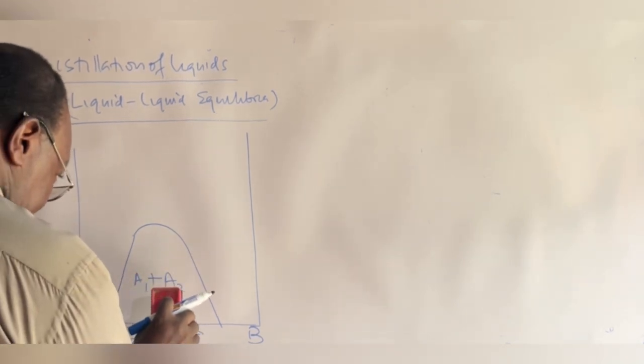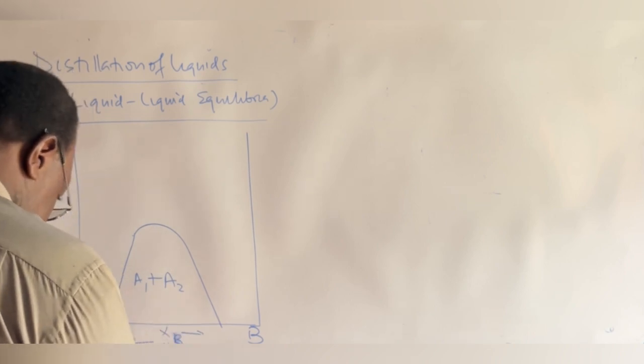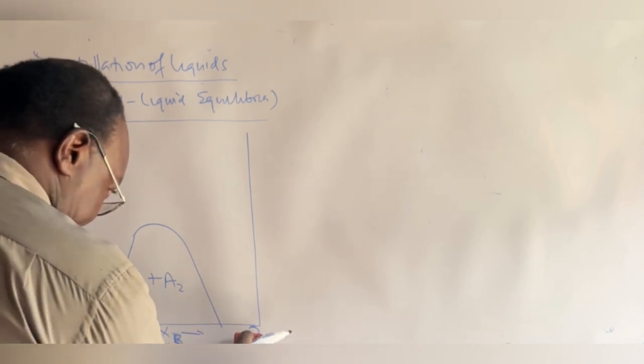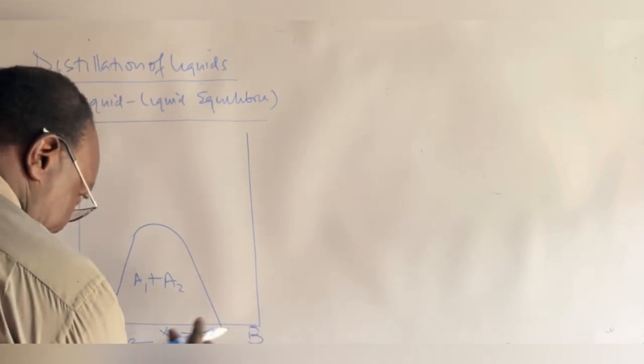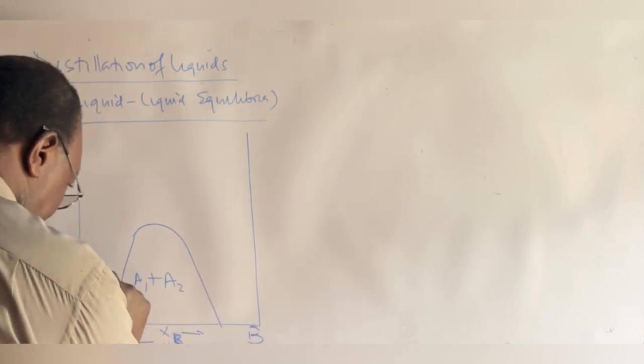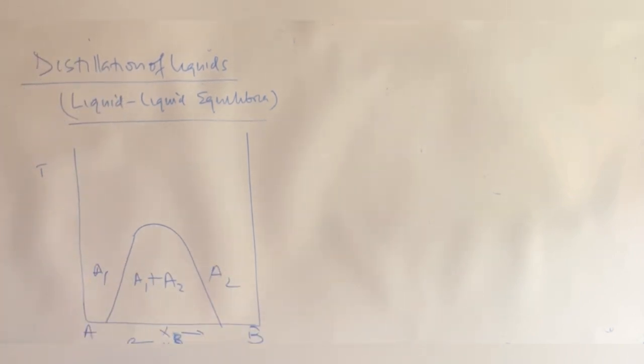Let's call this A1, let's call this A2. And we have conjugate solution here, A1 and A2 coexisting in equilibrium.